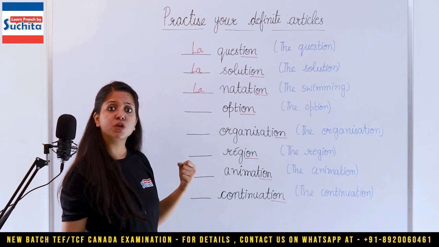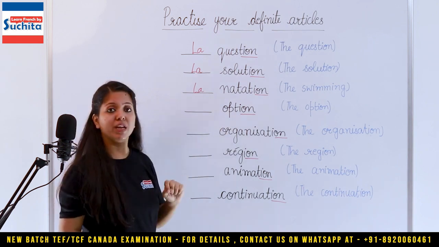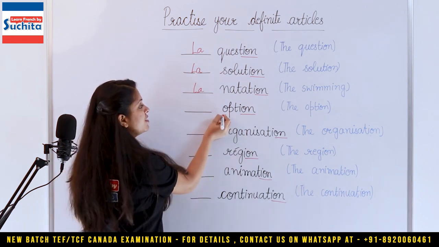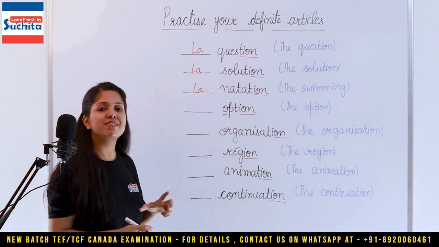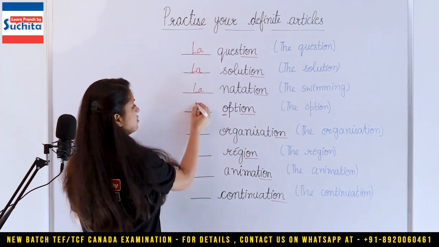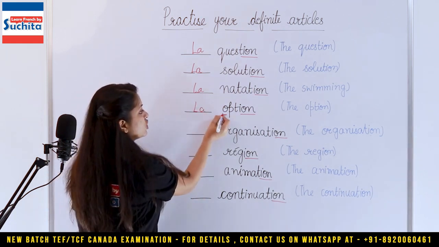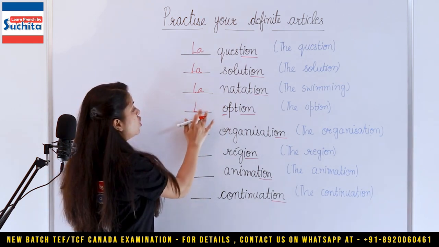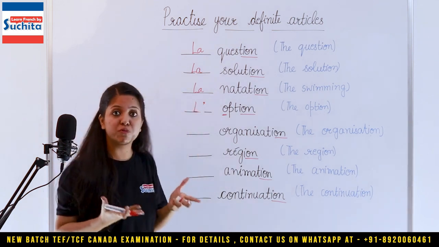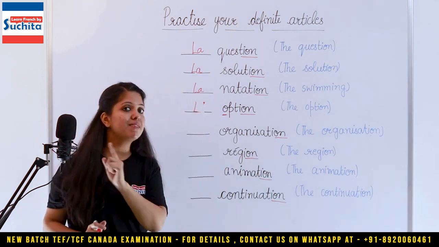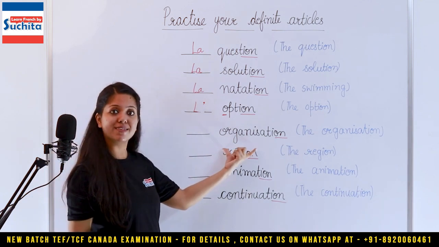Option. It is feminine, but since it begins with a vowel, we will not say la option. So actually it had to be la option because it is feminine. But since there is a clash of two vowels, we say l'option. It becomes contracted, but yes, it is feminine. Organisation.